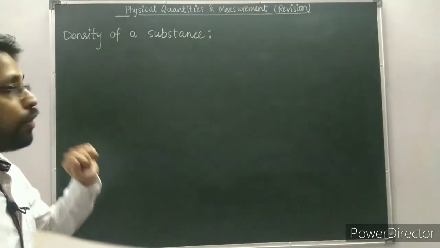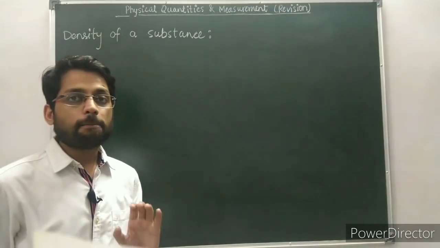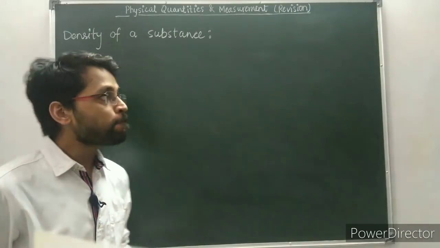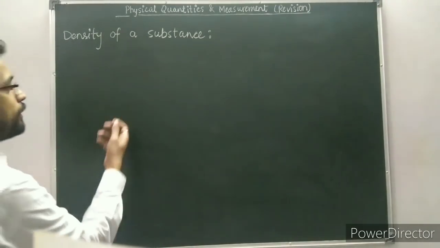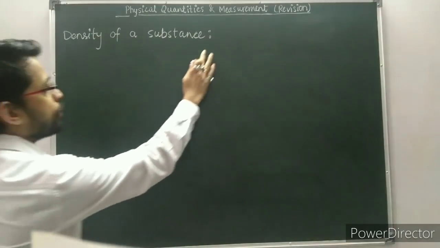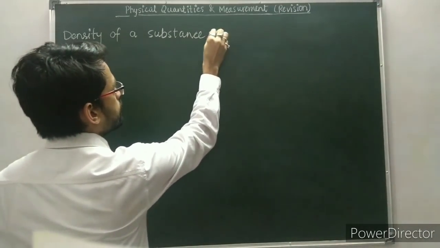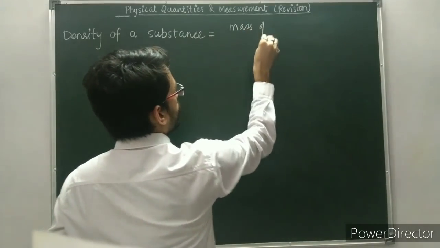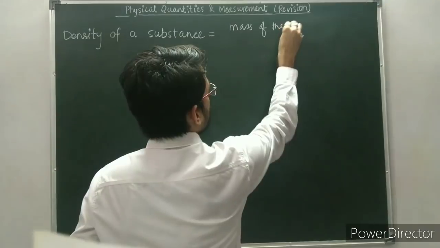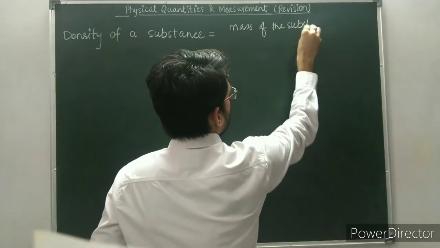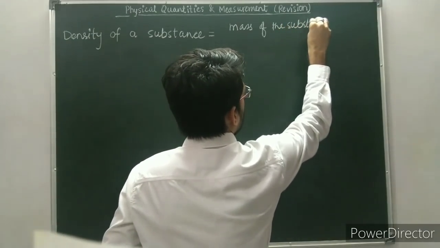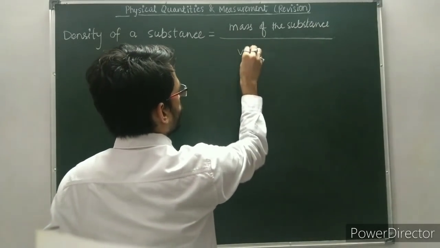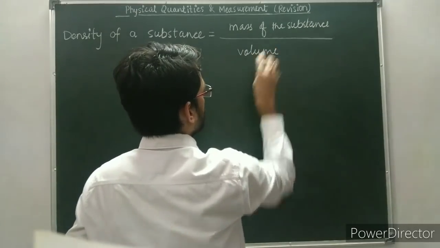That is, the density of a substance is mass of the substance per unit volume. And mathematically we can write the density of a substance is equal to mass of the substance divided by its volume.